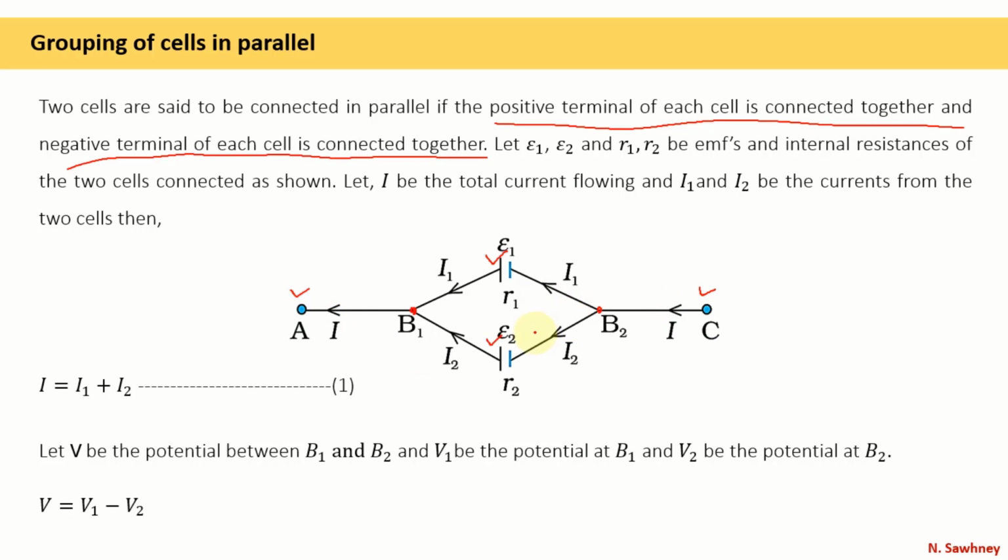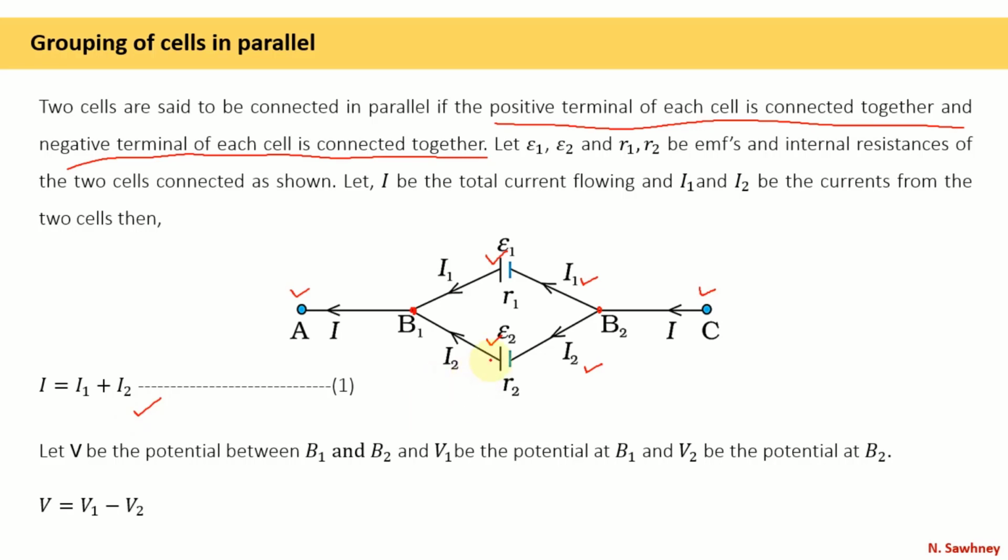As there are two branches, let the current in one of the branches be represented as I1 and in the other branch let the current be represented as I2. This is the total current I, so it will be the sum of the two branch currents, that is, total current can be written as I1 plus I2.